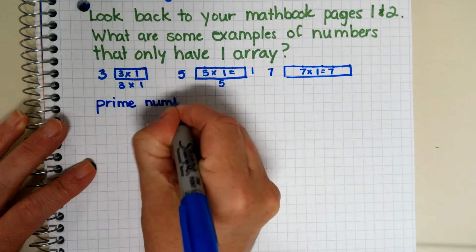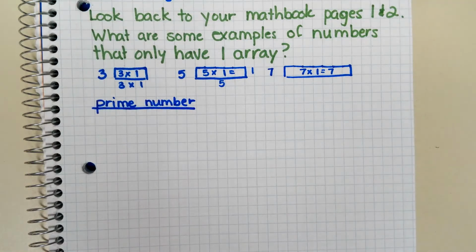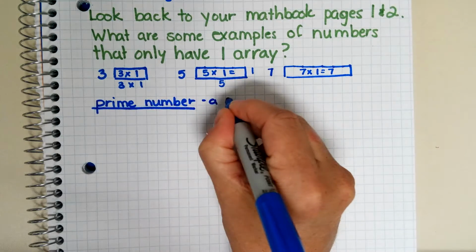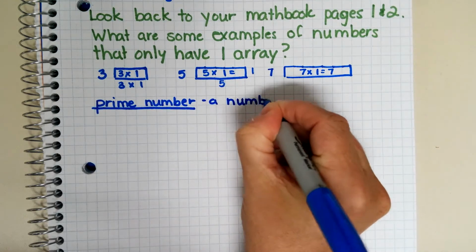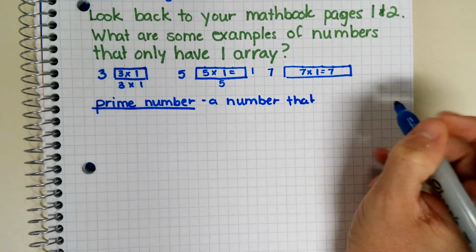And as I just mentioned, we'll go ahead and underline that as it's a definition. A prime number is a number that only has 2 factors, or it's made up of 2 factors.